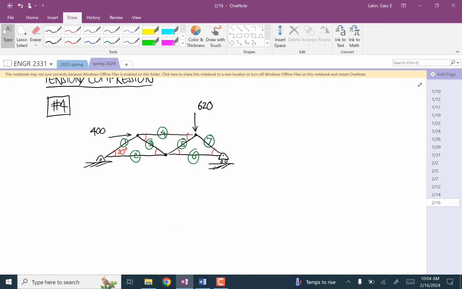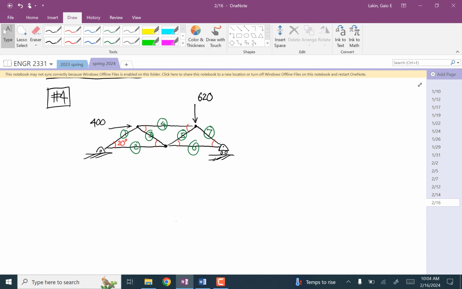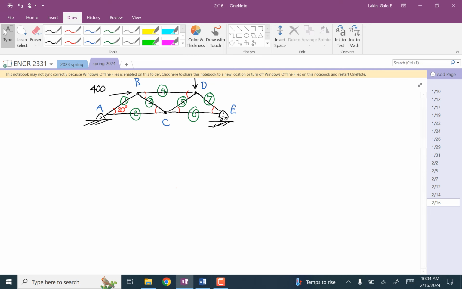And let's label the joints. So A, B, C, D, E. And let's just start with pin A.